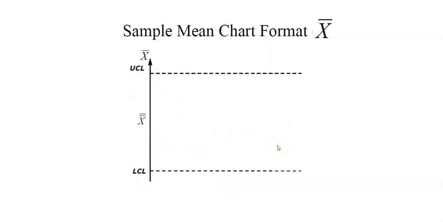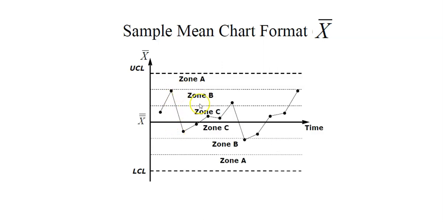Then you also measured four more lots, so you would have 4 of these dots in this control chart. Considering these different zones, you can comment on how out of control the process is.